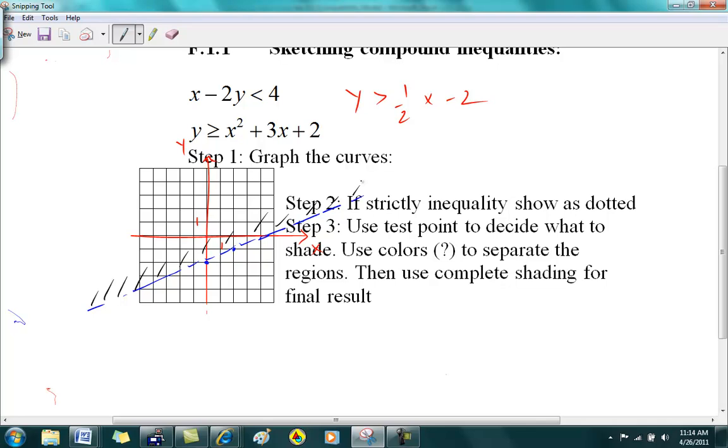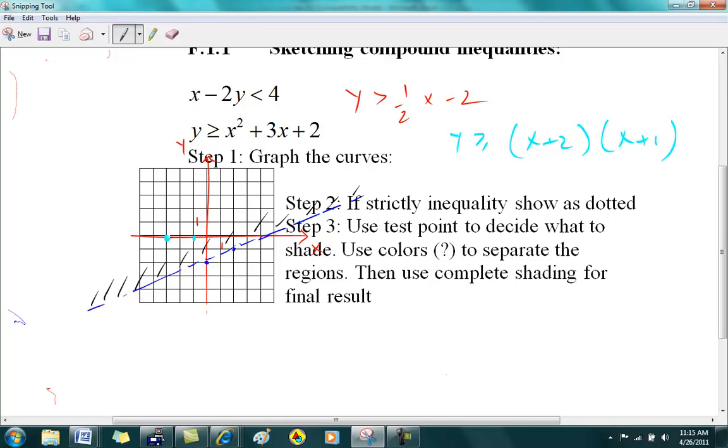The next one is a quadratic, so let me pick a different color on that. What I have for the quadratic is y is going to be greater than or equal to x squared plus 3x plus 2. I'm going to factor that, so that's (x plus 2)(x plus 1), which means the intercepts are -1 and -2. It's there and there. It's a parabola that's going to be opening up.